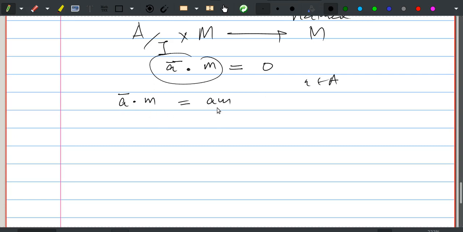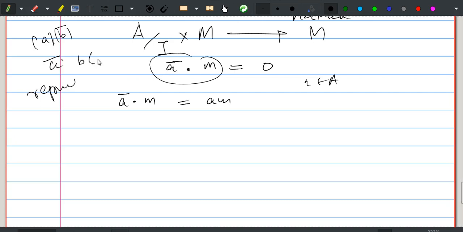But this operation is not well defined, because if we take two representatives of a bar, then suppose a and b, suppose b is an element in the equivalence class of a, I mean a bar and b bar are the same, then this b bar times m is bm.